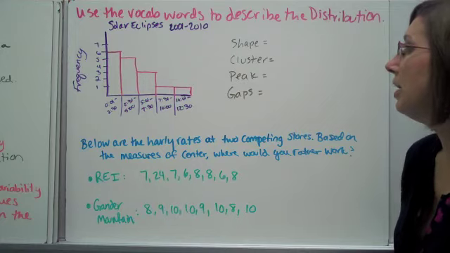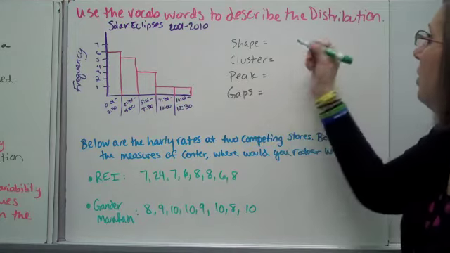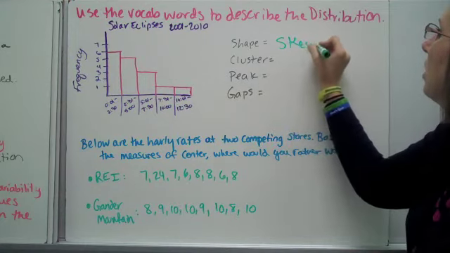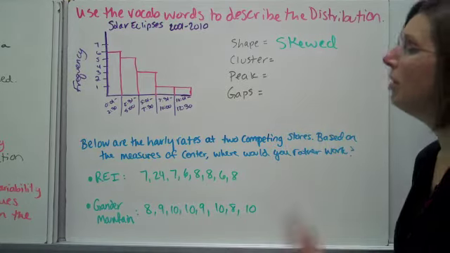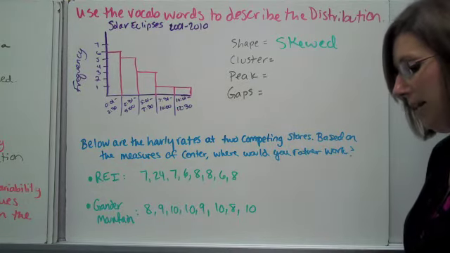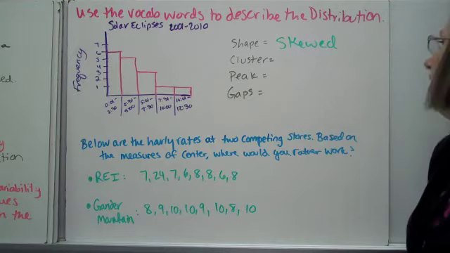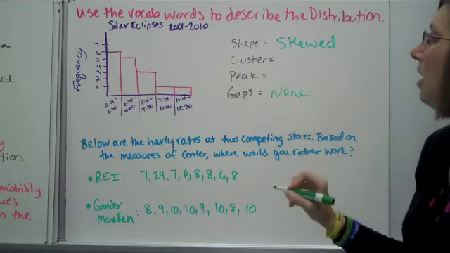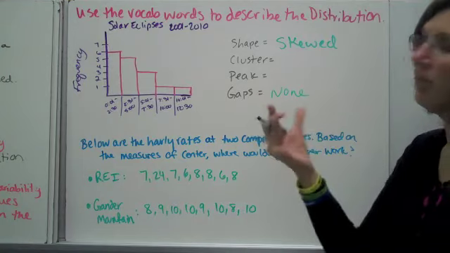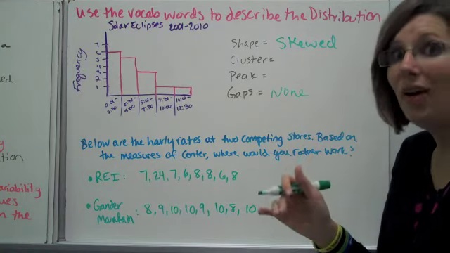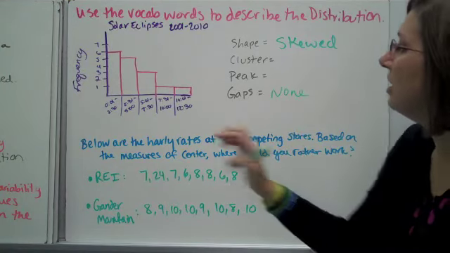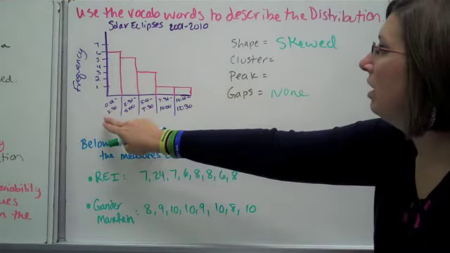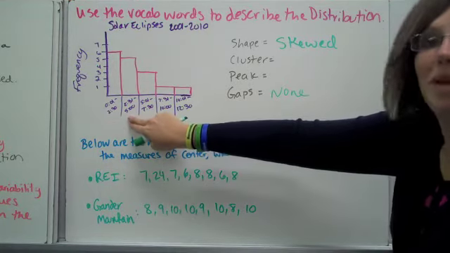So it looks like my shape here is skewed because most of the data is pushed to one side. It looks like there are no gaps, so I can write none here. My cluster is hard to tell. I could justify that the cluster is between 1 second and 5 minutes.